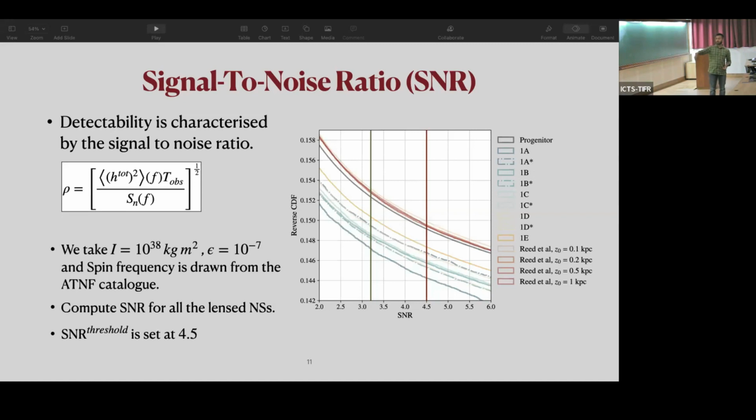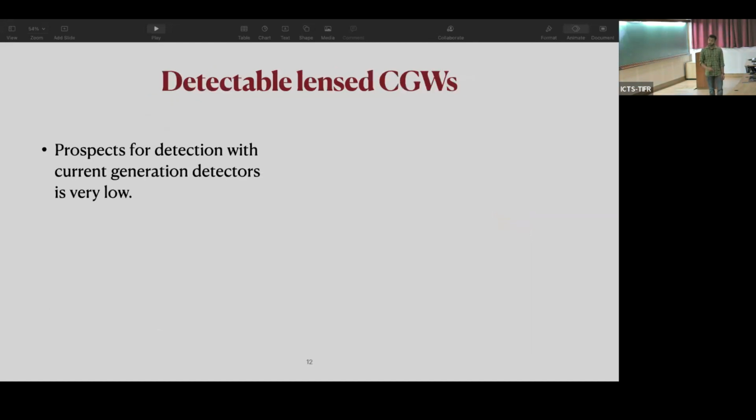If you look at the 4.5 threshold, about 0.14 to 0.15 of the total fraction of lensed neutron stars have SNRs greater than 4.5. The SNR is dominated by the spin. We have very slowly spinning stars as well, so they are not detectable. But those with high spins cross the threshold, and this is our prospect.